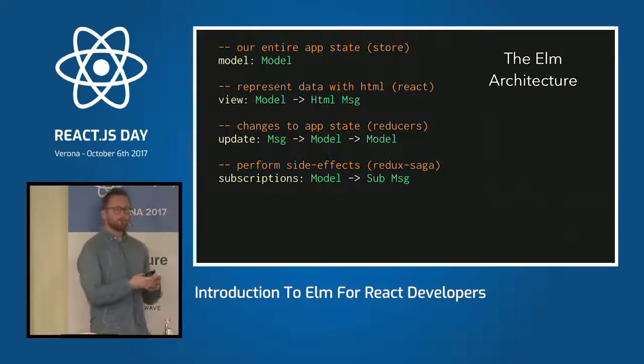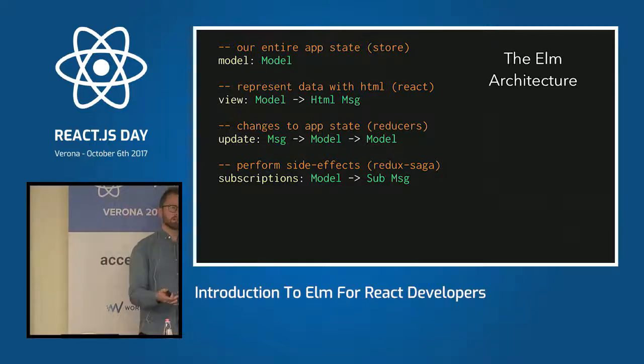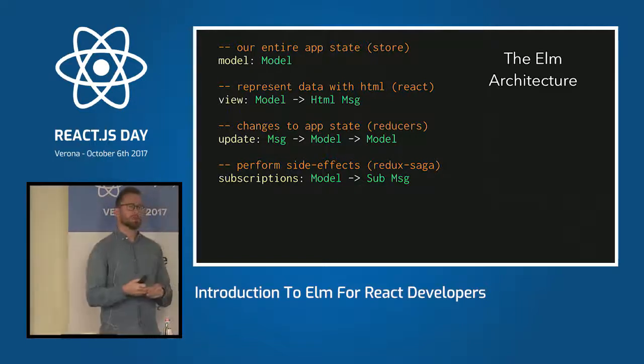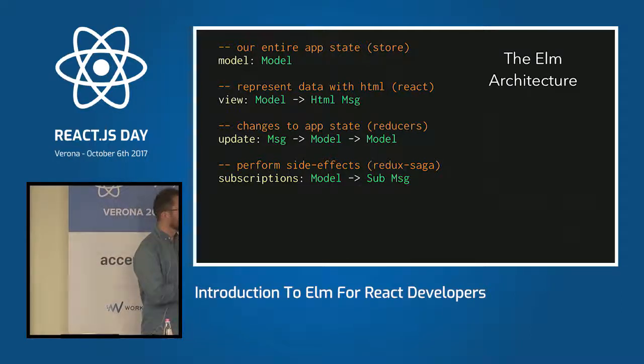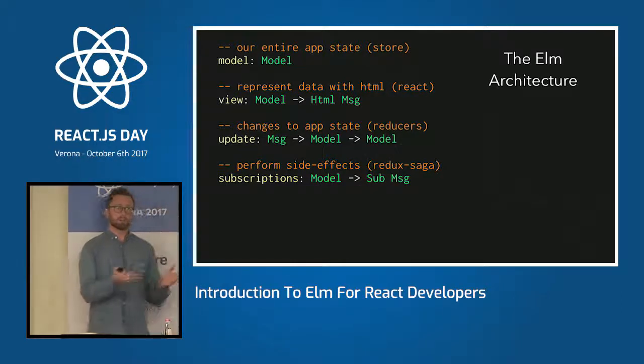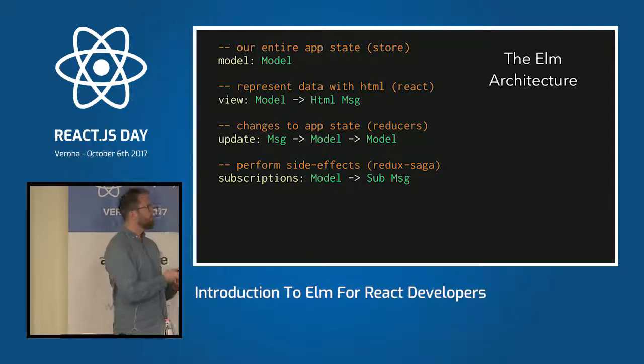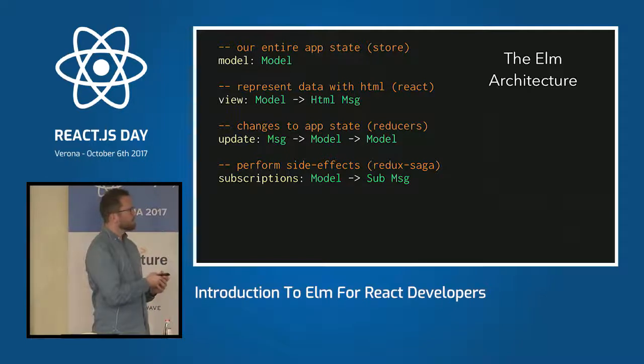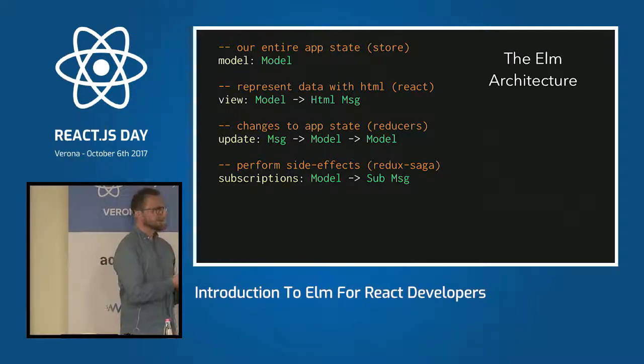Update represents the root reducer in Redux, like the sum of all possible changes to our model. So that function accepts something called a message, which is a union type representing all the different things that can happen in our application. And then we are given the previous model and the next model.